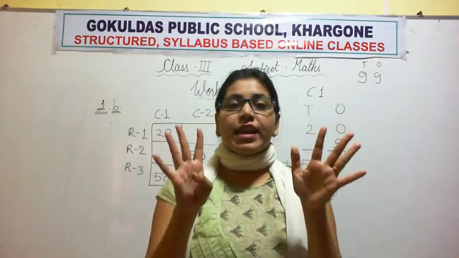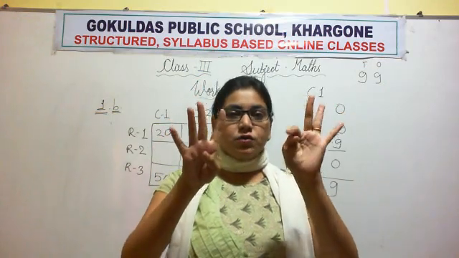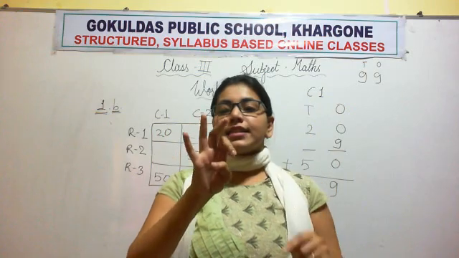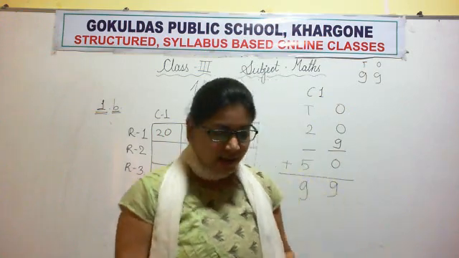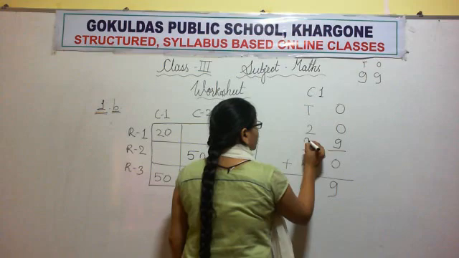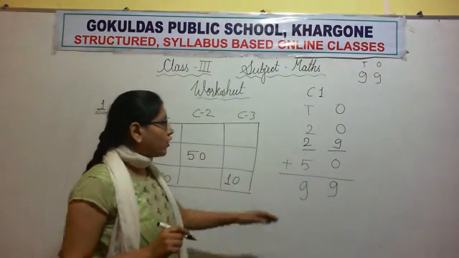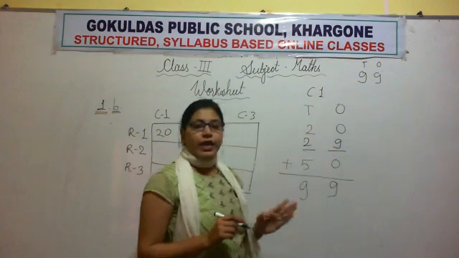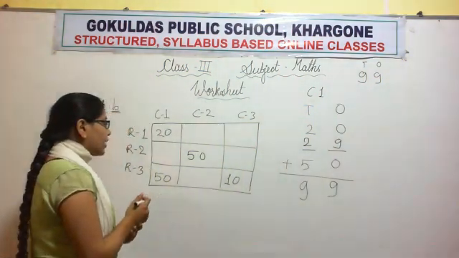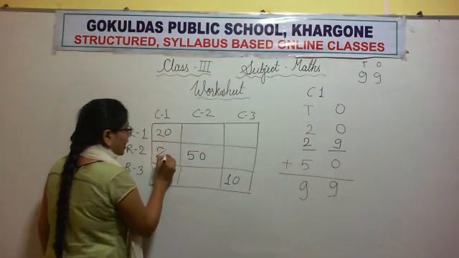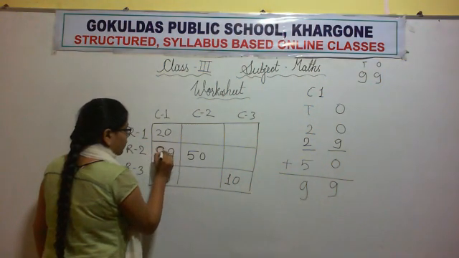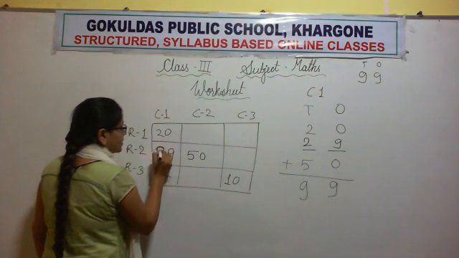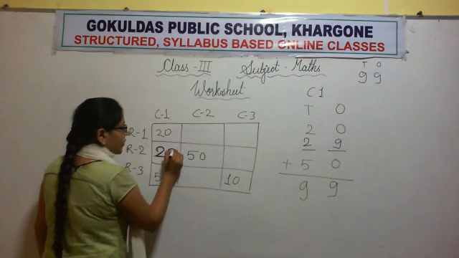Now let's count how many. 1, 2, 3, 4, 5, 6, 7, 8 and 9. So it means we will add 2 in this. So 9 ones and 2 tens. 9 ones and 2 tens means 29.